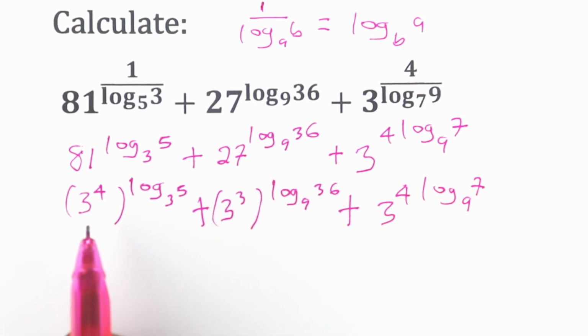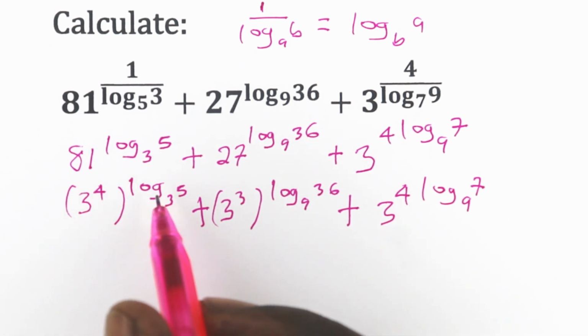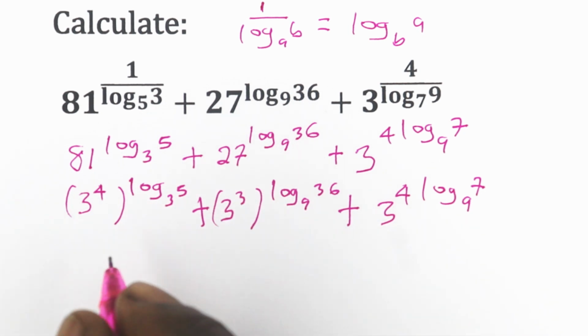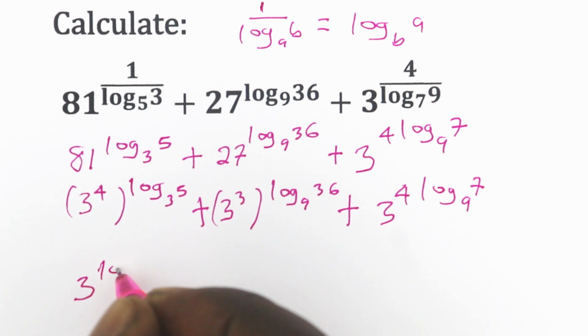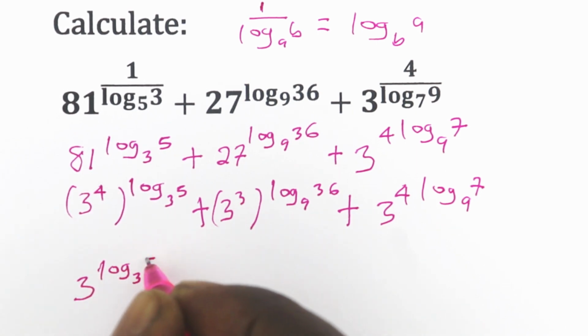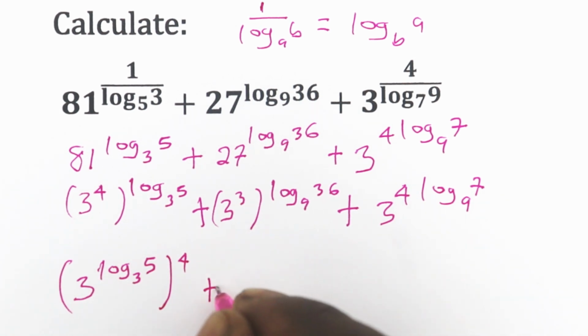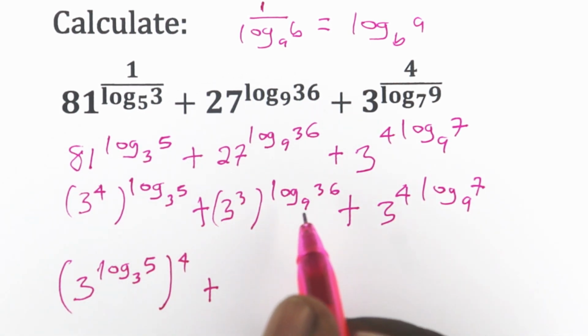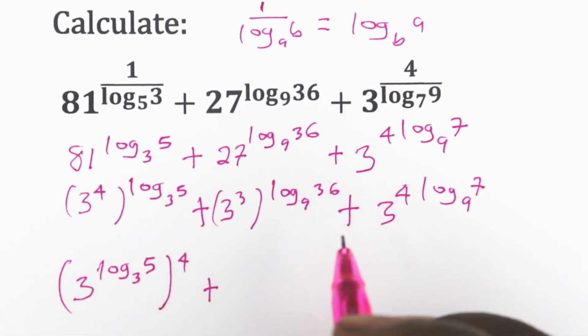So for the first case, we can actually achieve the fundamental property of logarithms. We can just switch these powers because it will mean the same thing. So we can write it as 3 raised to power the log to base 3 of 5 raised to power 4 plus this second one, we can simplify the log because if the powers of the base and the powers of the numbers are the same, then we can use the bases of the two.